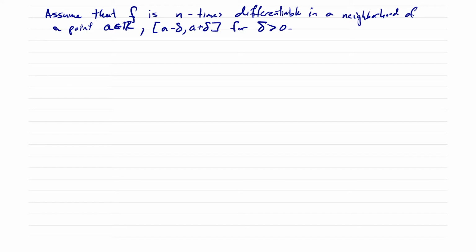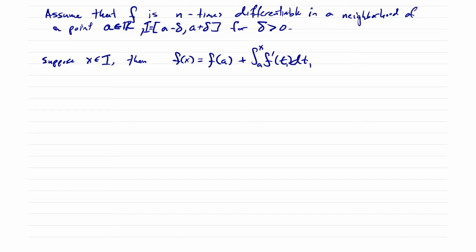Now suppose that x is in this interval, which we'll call I. Then we should be able to write f of x as f of a plus the integral from a to x of f prime of t1 dt1. We're going to have to keep doing this.